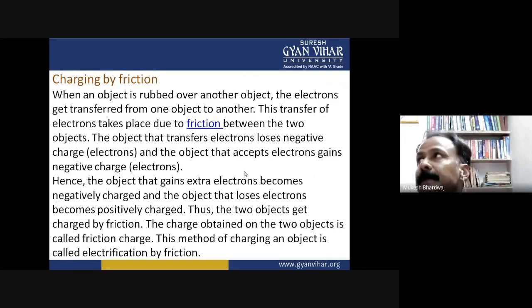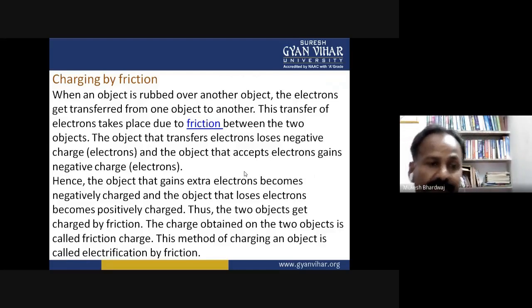Charging by friction. When an object is rubbed over another object, the electrons get transferred from one object to another. This transfer of electrons takes place due to friction between the two objects. The object that transfers electrons loses negative charge, and the object that accepts electrons gains negative charge.